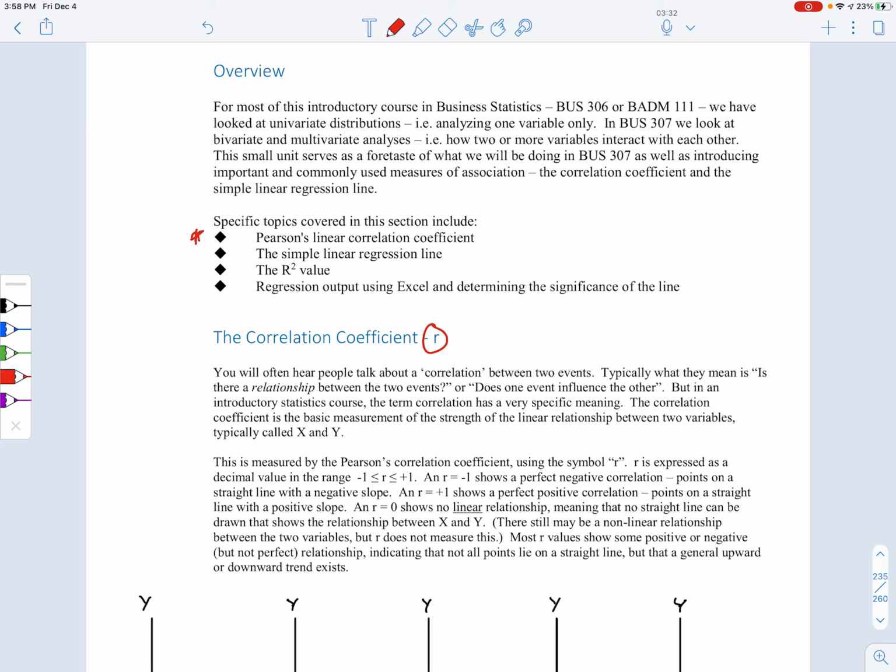We're just going to take a look at R, which is a sample measure, but it's a measure of the correlation between 2 variables. Now, an important thing about correlation is that correlation is something which is often misused by people. So I might say something like, the number of times that I go out to eat is really correlated with how hungry I am.